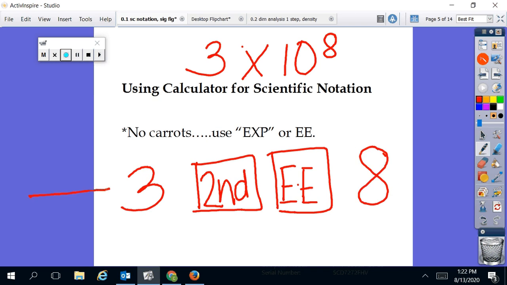This is a great way to use your calculator for scientific notation instead of having to write parentheses.